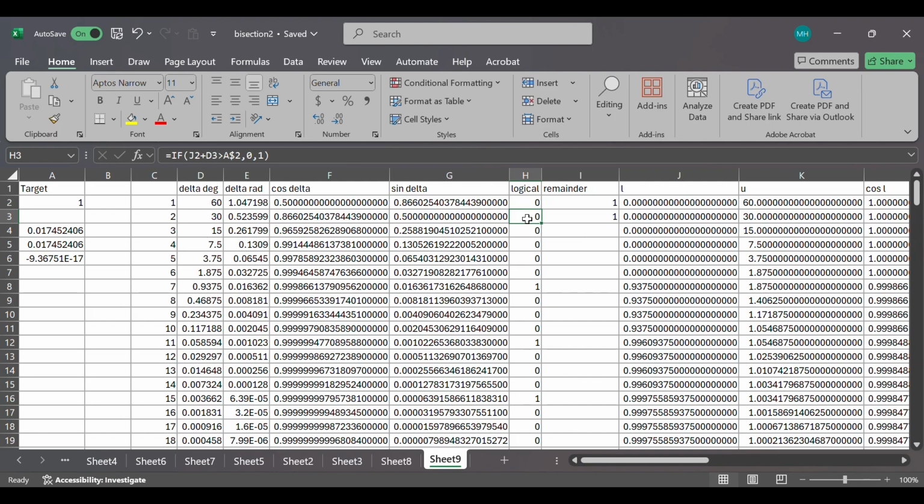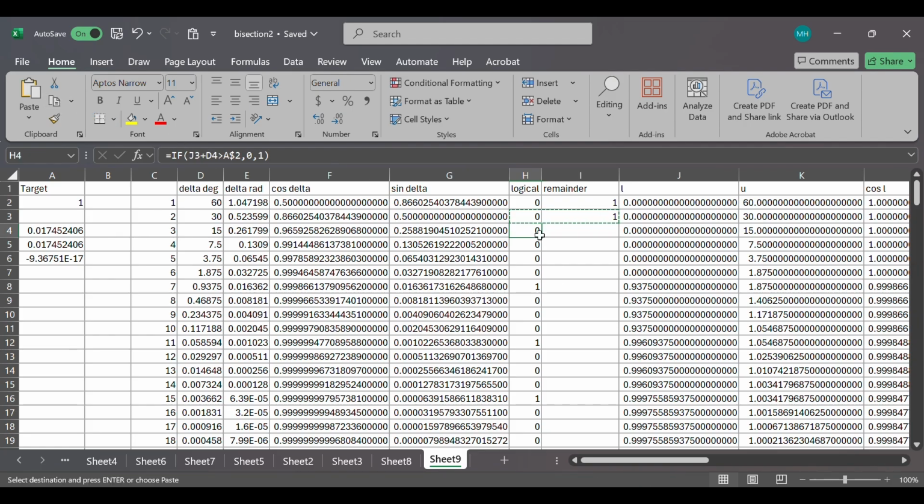And then the logic, it compares the previous remainder with the delta degree. And if the delta degree is bigger than the remainder, we're not doing anything. But otherwise, it's 1.